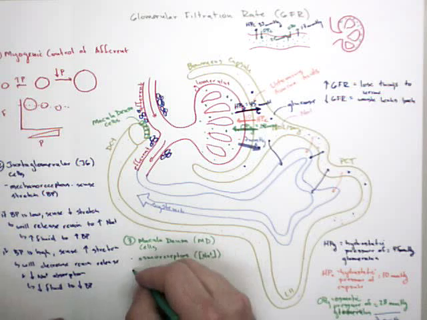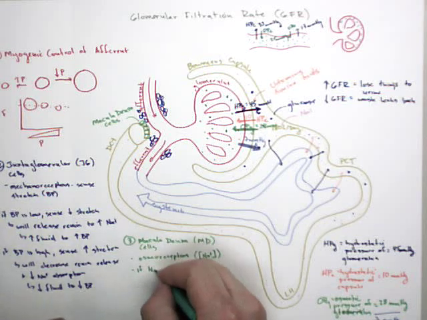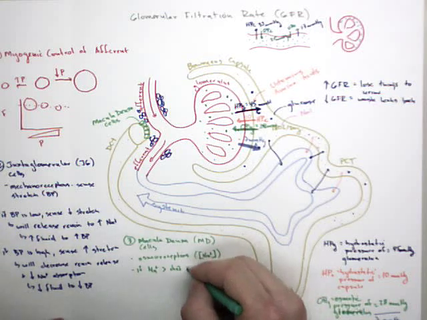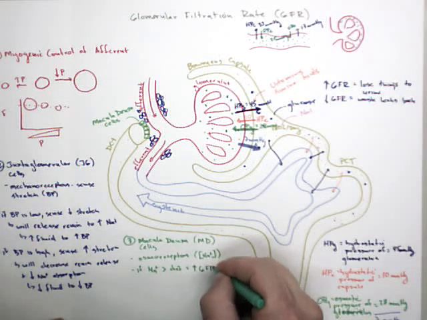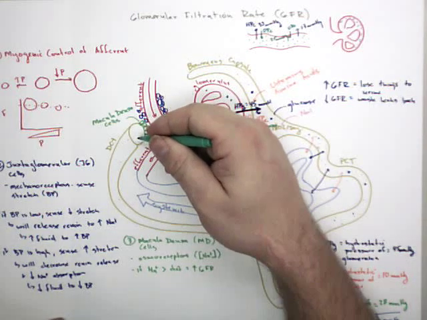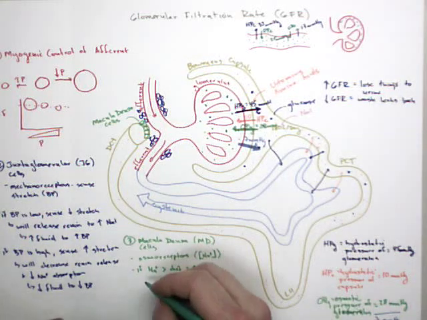However, if sodium is greater than diet, that means GFR is too high. That means everything flowed through so fast that too much sodium ended up over here. So what the macula densa cells are going to do is constrict the afferents.